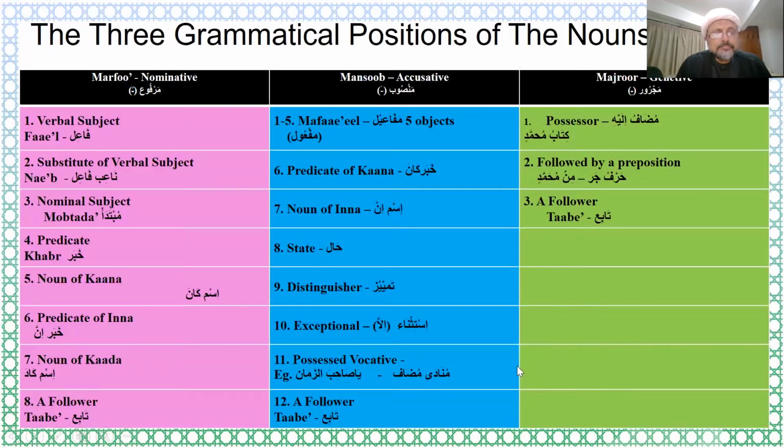And then we have noun of kana. These are sisters. They come and they mess up with the relations. So let's say mubtada and khabar, they are husband and wife. They are happily living forever.